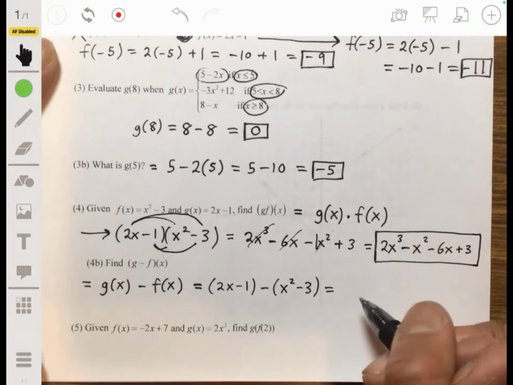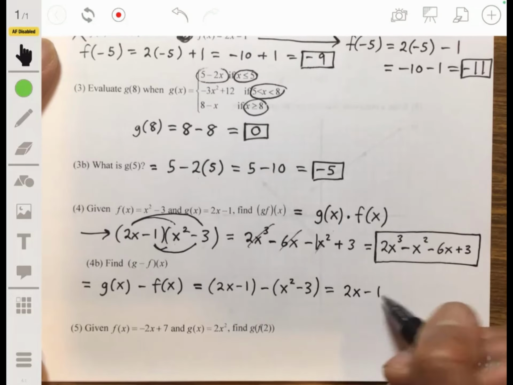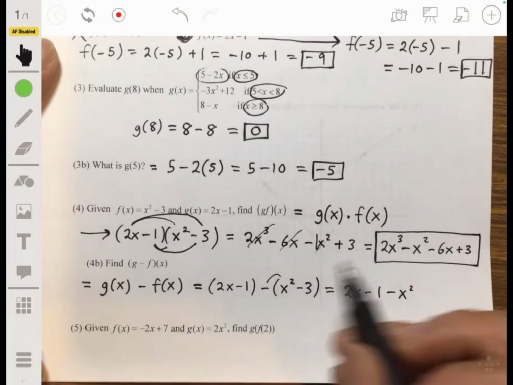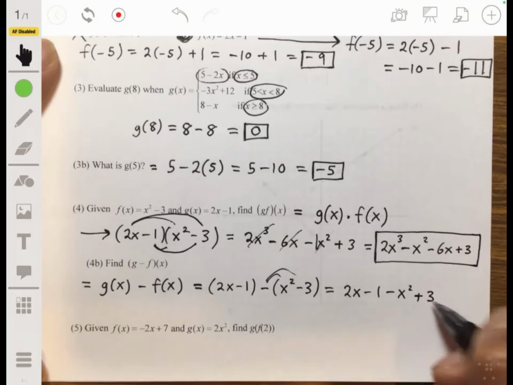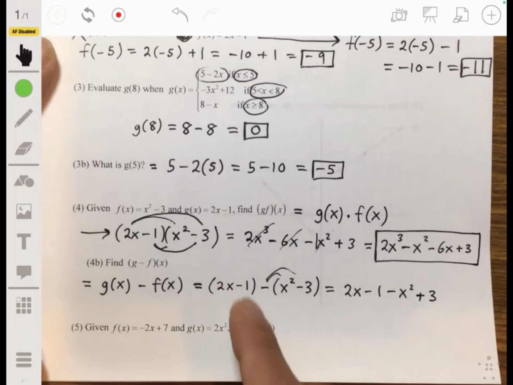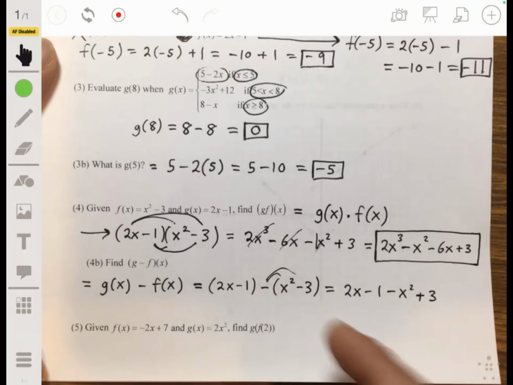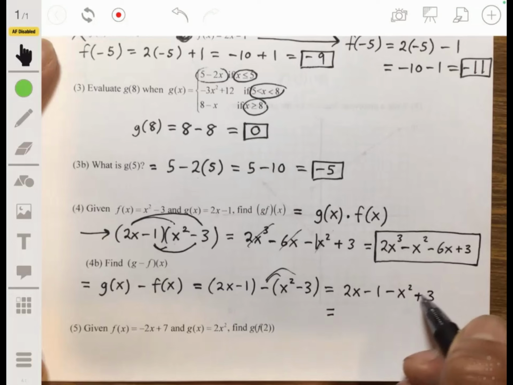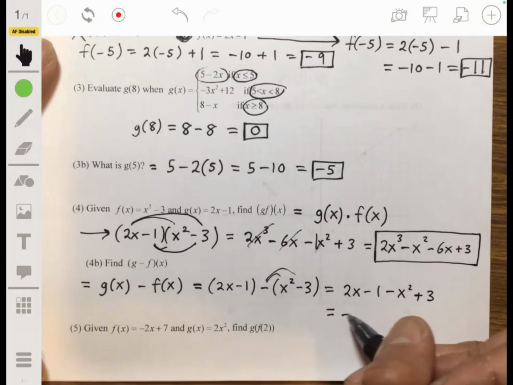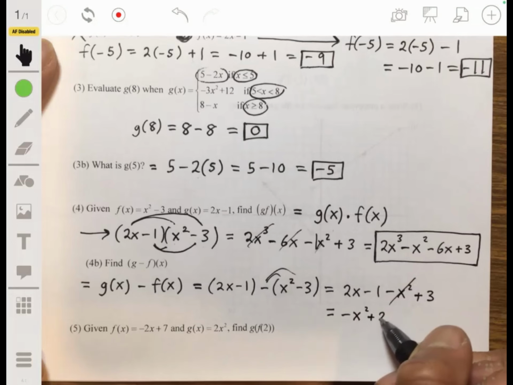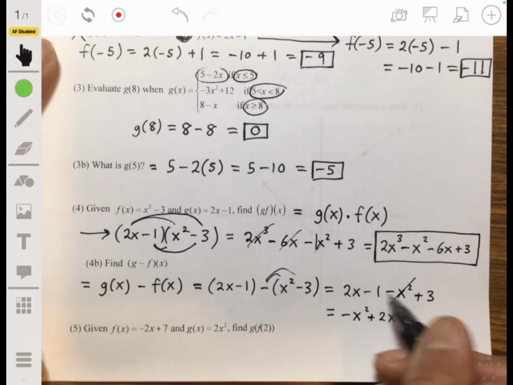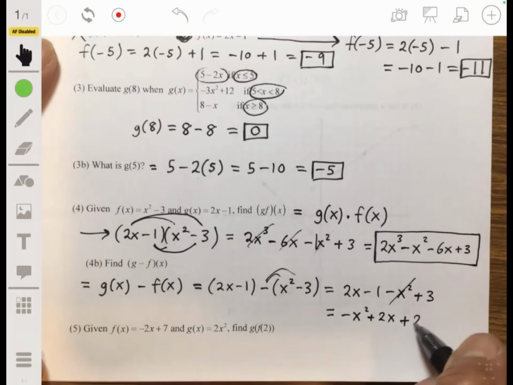So taking away the parentheses, we're going to get 2x minus 1 minus x squared minus a minus 3, or plus 3. This is not multiplying. Don't make the mistake of multiplying. So then again, putting it in standard form, we're going to write negative x squared first, then plus 2x, and then minus 1 plus 3 makes a plus 2.